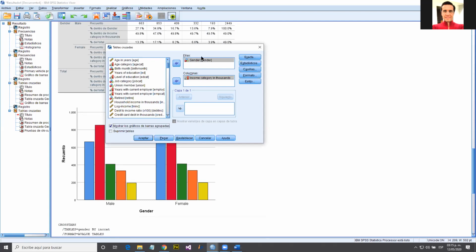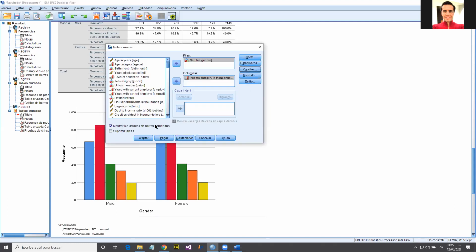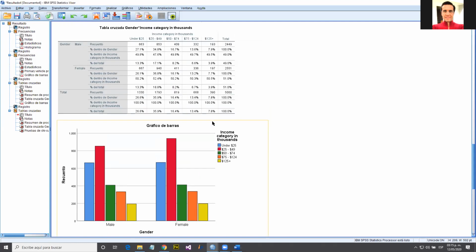Again, it is gender versus income, cells, what you got, and all the 3 different percentages, and that's it. And show the graphics. I am going to get this chart and this graphic. And we have a lot of information right here. So just let me go through it very fast.